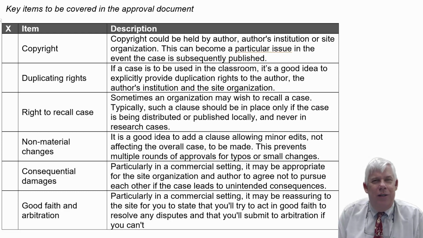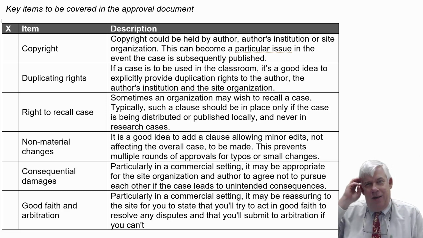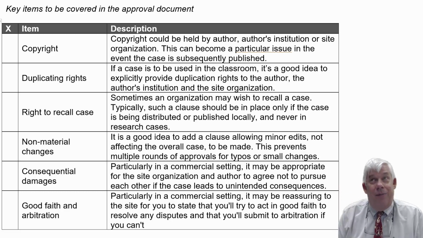And most organizations prefer an arbitration clause as opposed to the risk of having you sue them. I would tend to just allow the organization's legal department, if they're involved, to decide what these clauses are. I don't think they matter very much, but what you don't want to do is spook the person approving the case. And so to the greatest extent possible, you can let the organization decide what they think is most appropriate.